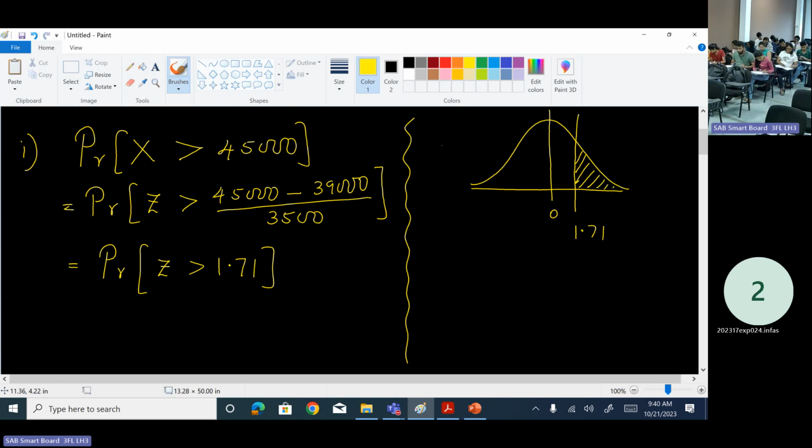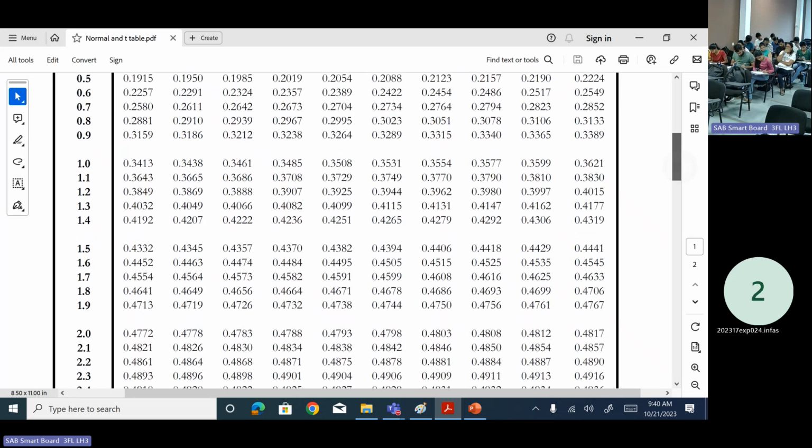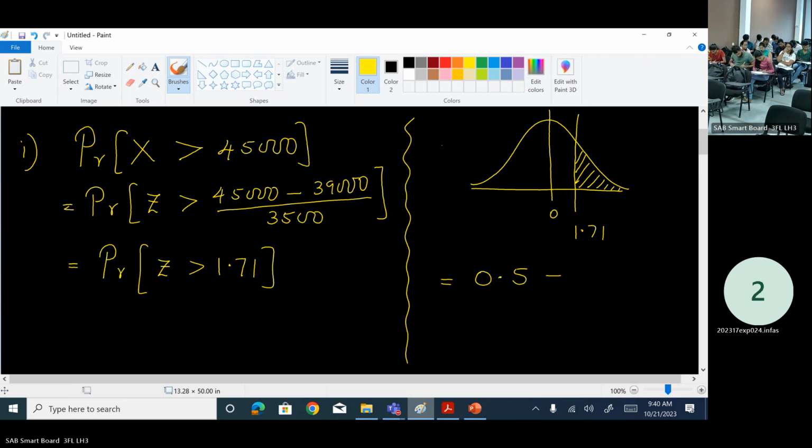Greater than, so this area should be found. So from 0.5, we have to subtract this area. 1.71 if you refer, it is 0.4564. Get your calculator.